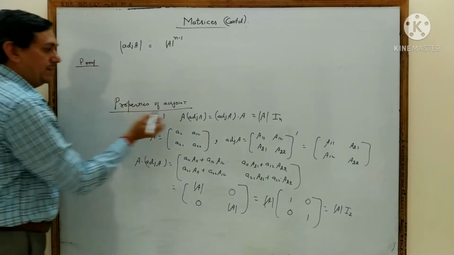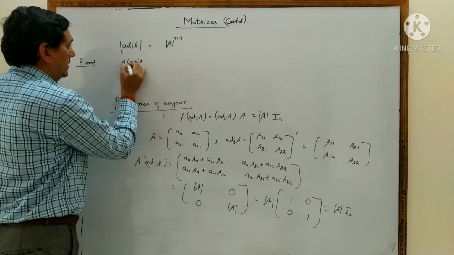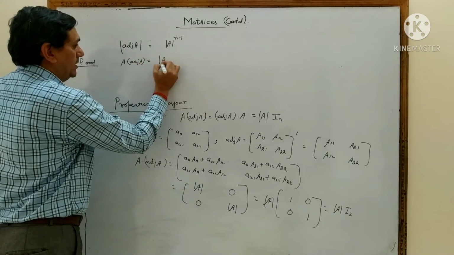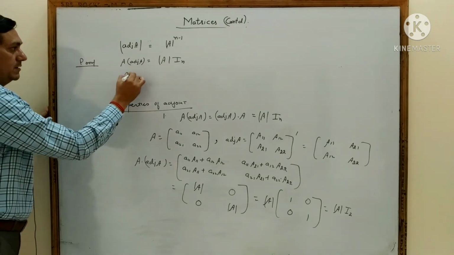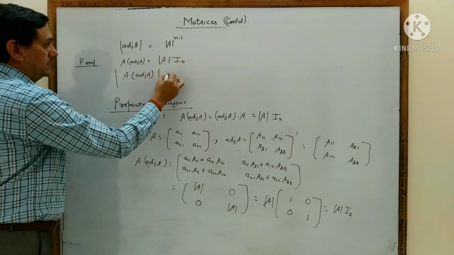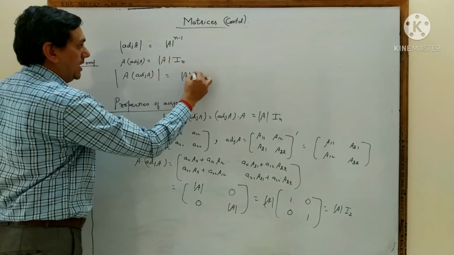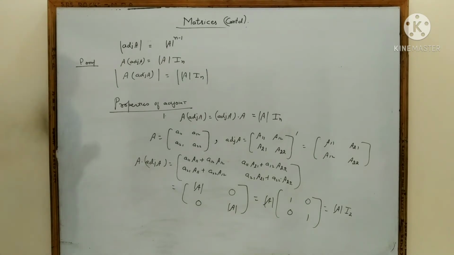By the last property we have A multiplied by adjoint of A is equal to determinant of A times I n. If we take determinant on both sides, when the matrices are equal, the determinants are also equal.